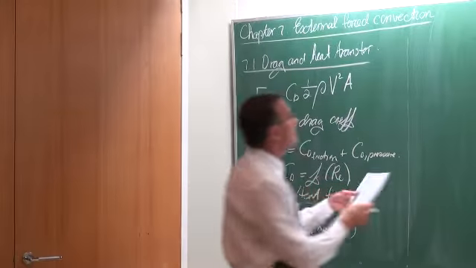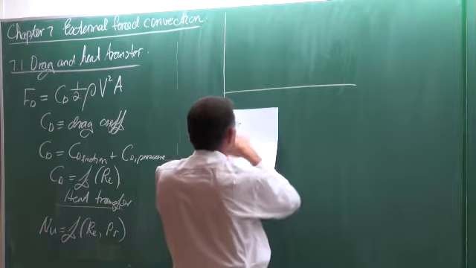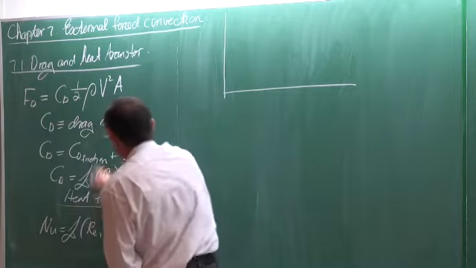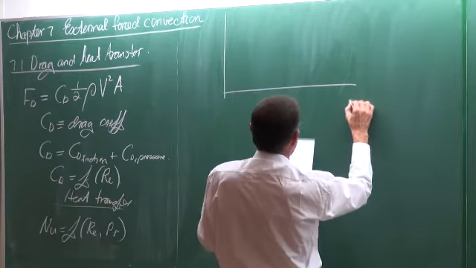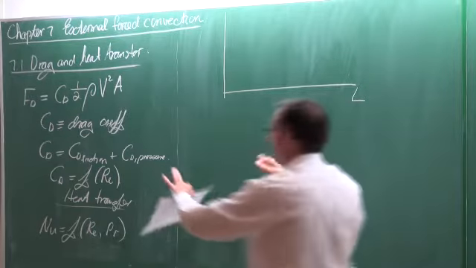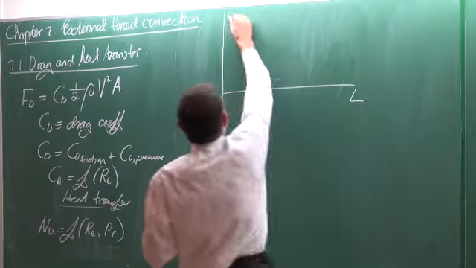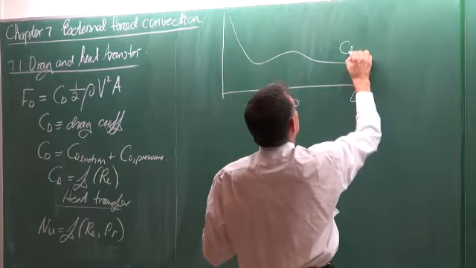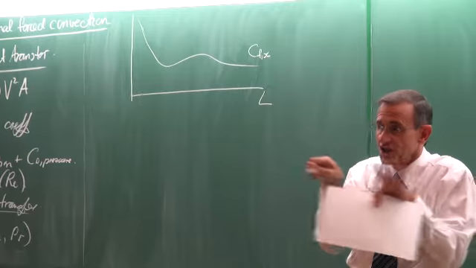We have to remember that if we do measurements or experiments of CD, or the friction factors, whichever it is, as a function of length, okay, over the body. Let's suppose it is a flat plate. Then it is not a constant.